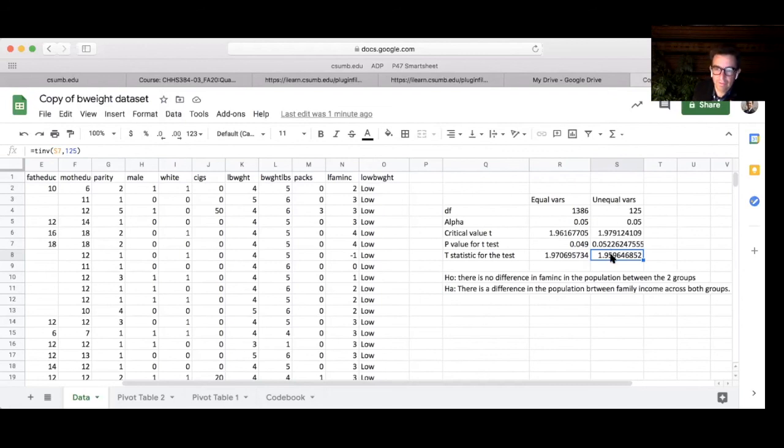And in assuming unequal variances, we cannot reject the null, right? So sometimes it makes a difference. When the difference is really, really small, assuming equal variances or assuming non-equal variances can make a difference. Now, in this case, you can say you can reject assuming equal variances, but it's so close that you may get some pushback there. It's really pushing it. Anyway, that's how you would conduct a t-test using Google Sheets.